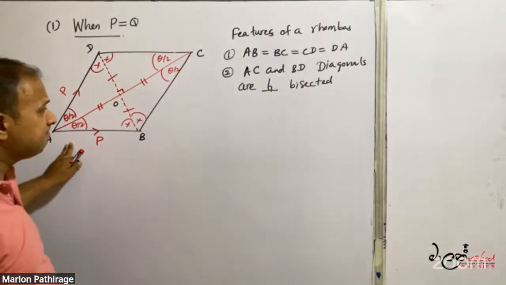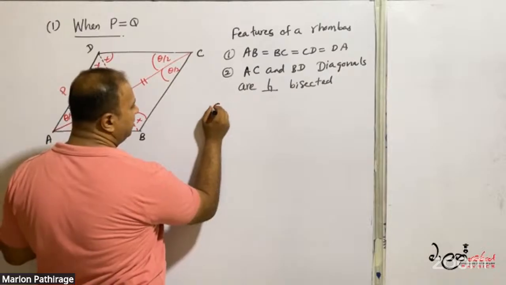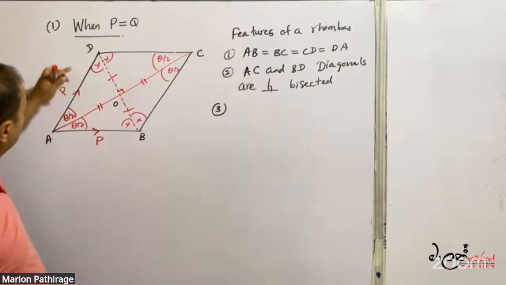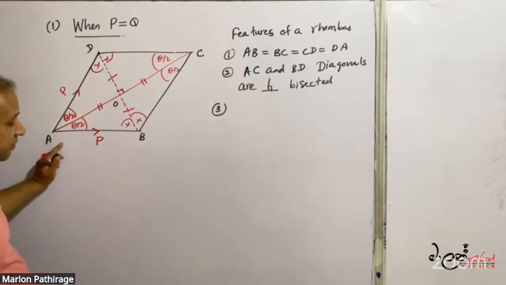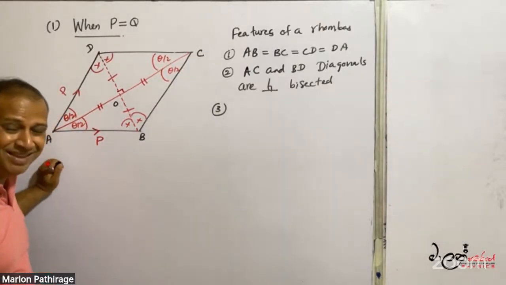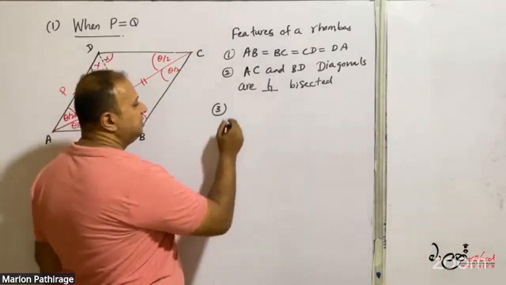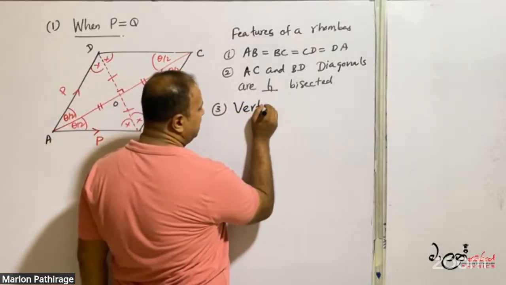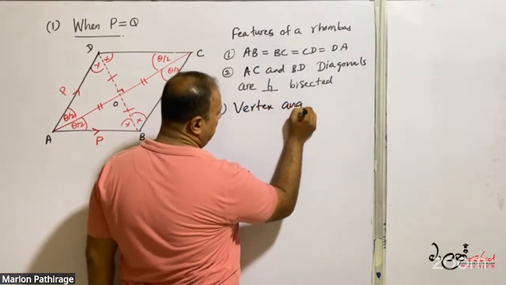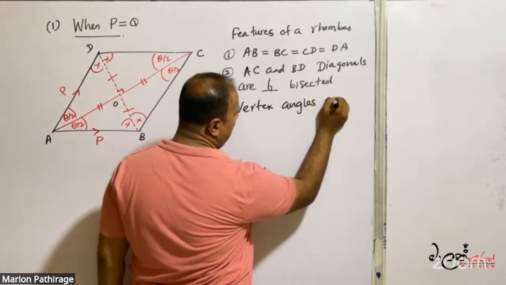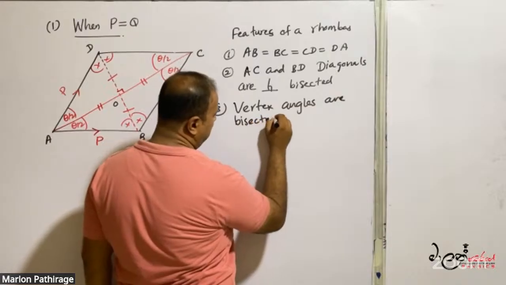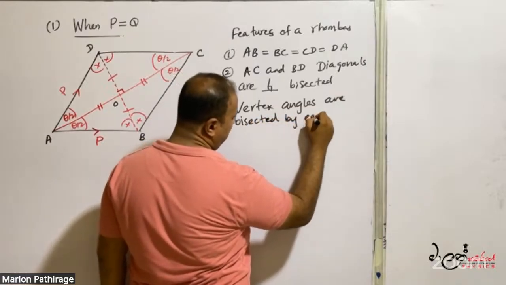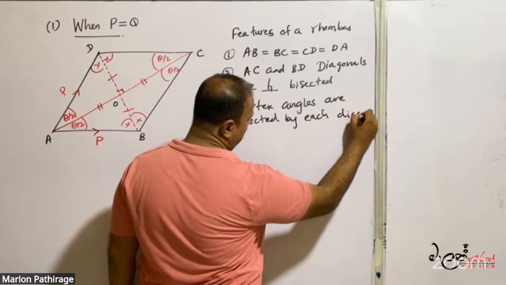Then, DAC angle, that means vertex angles are bisected by each diagonal.